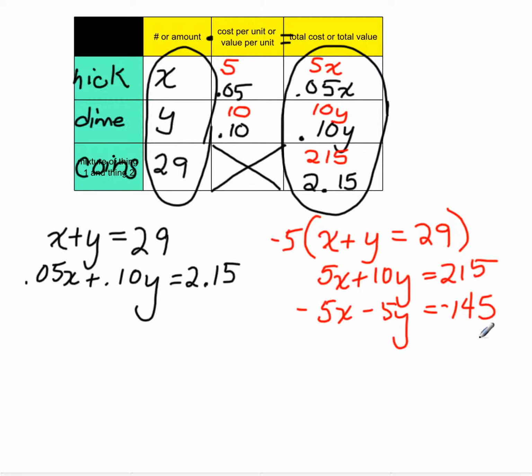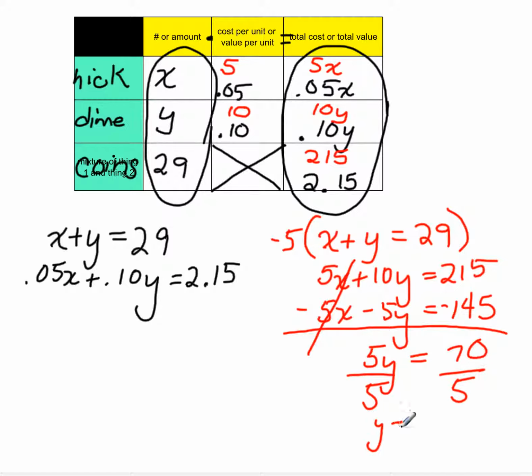Okay, now I'm going to put those two together. 29 times 5, I just want to check my math. Yep, I'm good. So if I put these together, this eliminates and I get 5y equals 70. And then if I divide by 5, I'm going to have y equals 14.